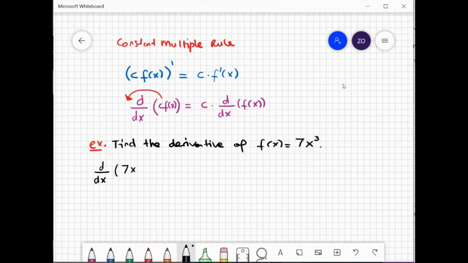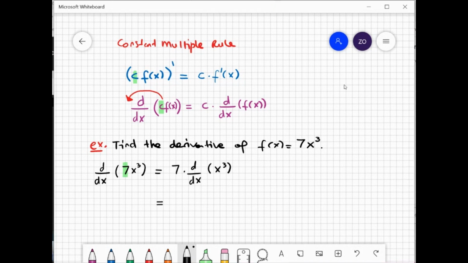The function is 7x cubed, and we will find its derivative. We see that there is some constant in front, and the constant multiple rule tells us we can take it outside the function. So we can just take it out and find the derivative of the x cubed function, and we will just multiply the result with 7.